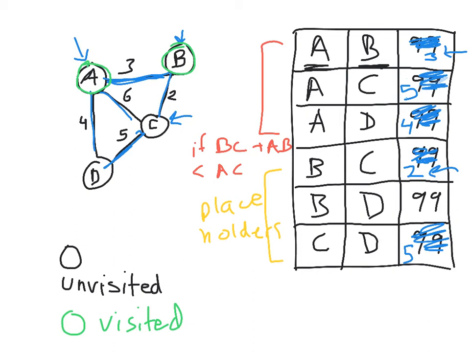Well, with C and D, we now have to see if, well, C to D plus B to C plus A to B is less than A to D. So we've created this really long path, here, here, here, all the way to D, and we want to see, is that shorter than the path here? Now, we know right now, just by looking at that, by doing a little bit of that math, that's not the case. But we do need to compare that in this algorithm.